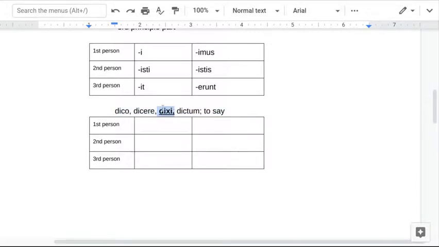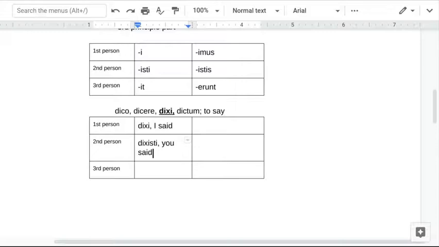Now, every third principal part of any verb in Latin is listed with the I ending on it, and that's this I ending right here. So just real quick, conjugate this, dixi, and it would be I said. I could say I have said, but that's fine. Dixisti, you have said, or just you said.